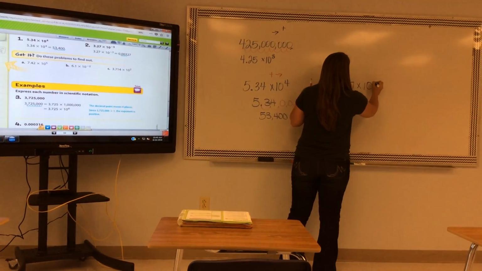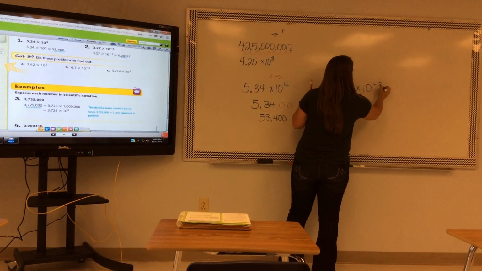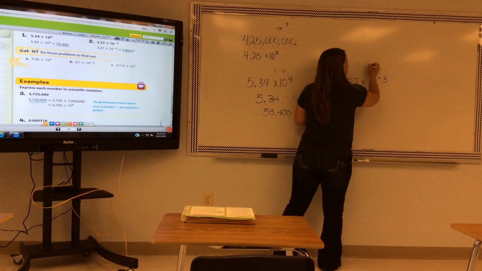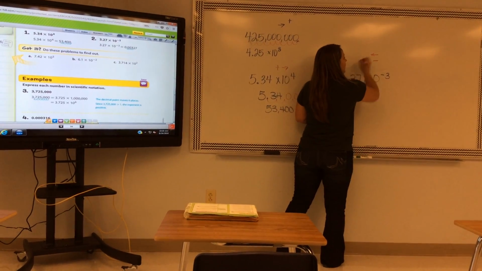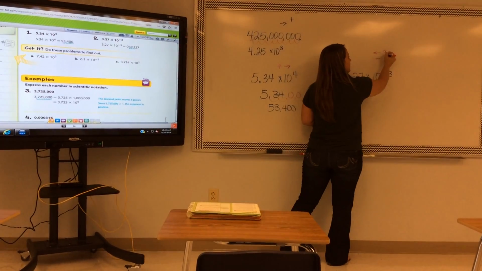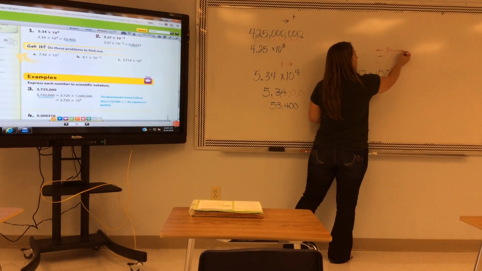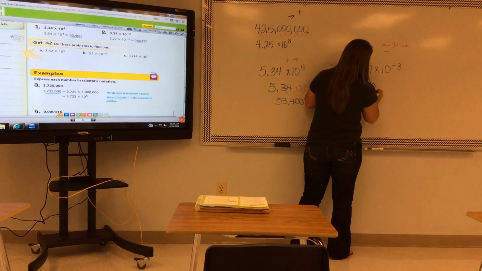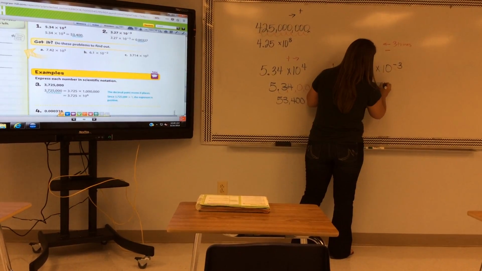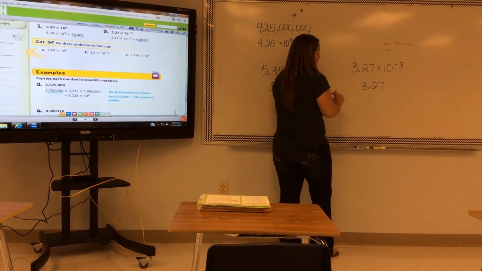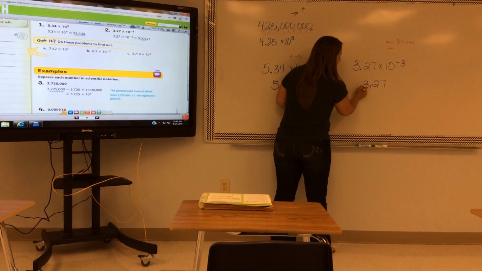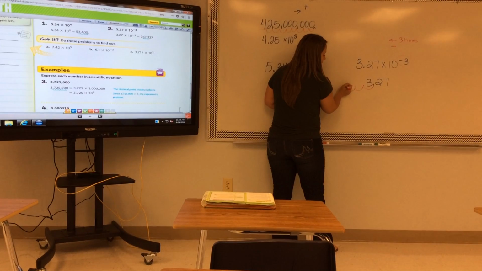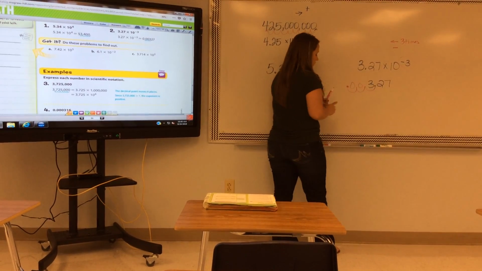The next example was 3.27 or 3 and 27/100 times 10 to the negative 3rd power. Since your exponent is negative, we're going to be moving to the left 3 times. So I'm just going to copy down my first factor and move that decimal 1, 2, 3 places to the left, and once again fill in the zeros.